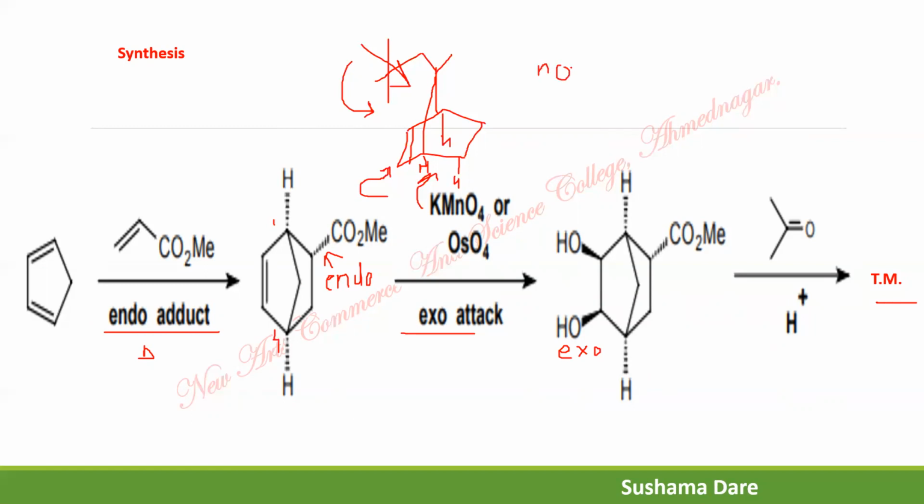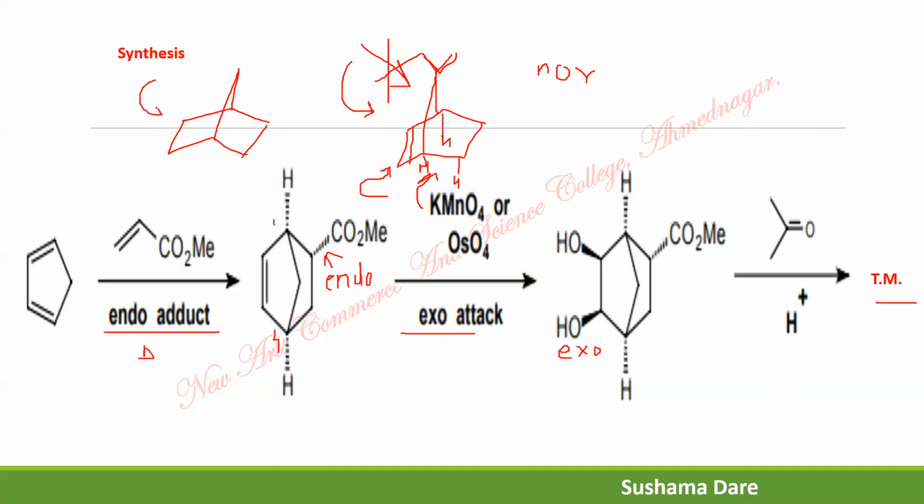So in the case of a norbornane system, the reagent always attacks from the exo side, while in the case of a bornane system, the reagent attacks from the lower side. Bornane has the presence of a dimethyl group at the bridge carbon, and what is the norbornane system? In the norbornane system there is an absence of methyl group over here.